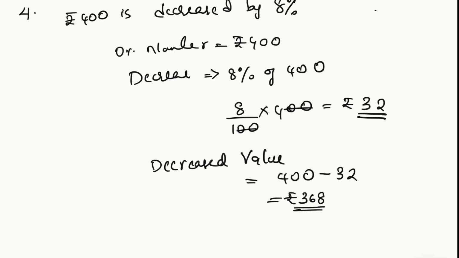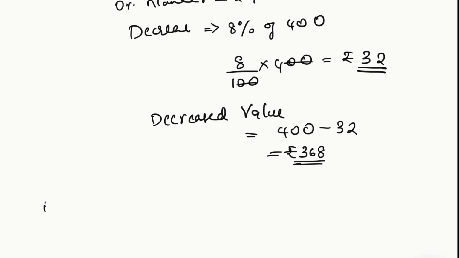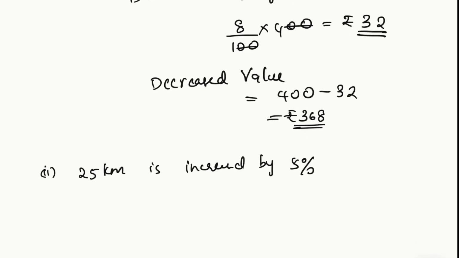Now coming to the next sub question. In the second sub question we have 25 kilometer increased by 5%. So the original is 25.